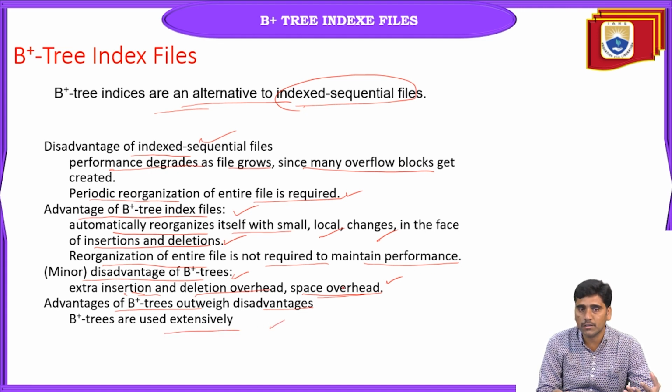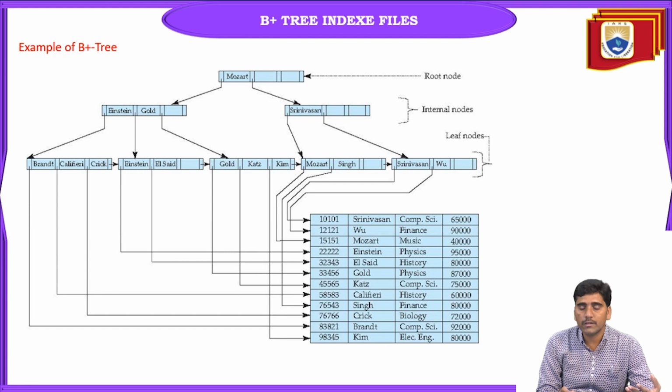The tree contains root nodes, child nodes, and extra links. Here is an example of a B plus tree, which shows the root node, the internal nodes, the leaf nodes, and all the data. The leaf nodes indicate each and every record of the data.